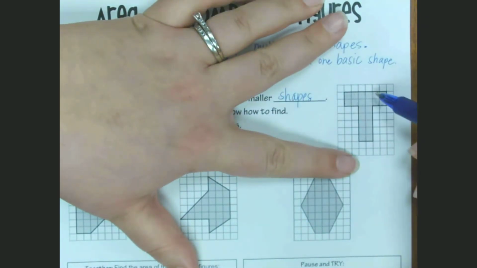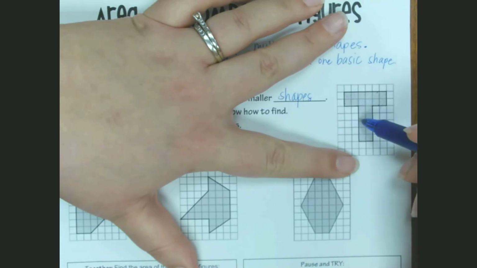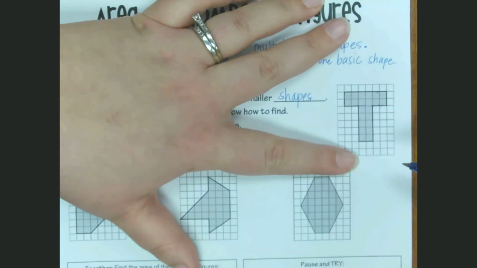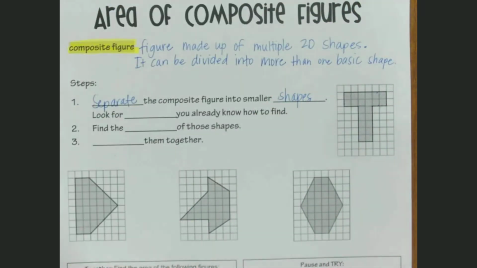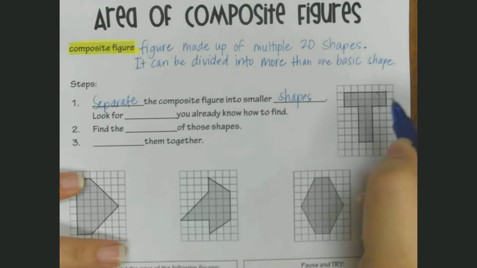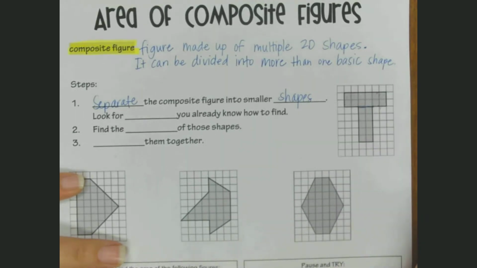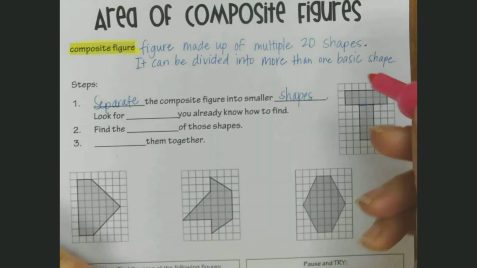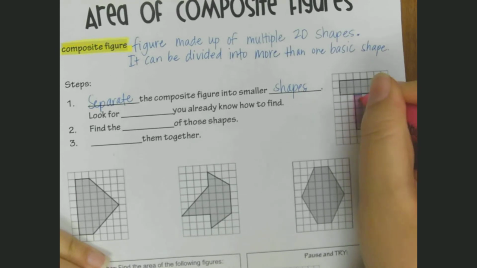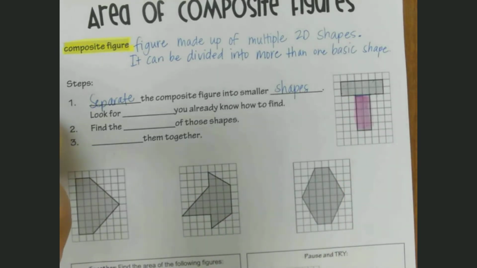A square there, a square there, a square here, a square here, and then a rectangle. But that's kind of making it more complicated than you need to, right? Why would you separate it into more shapes than you need to? I think the way that I saw right off the bat that would be the easiest is to separate it into two rectangles, right? So I'm going to make one of my rectangles pink and one of my rectangles green.